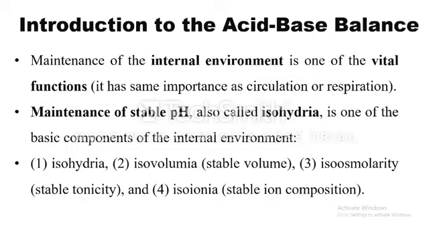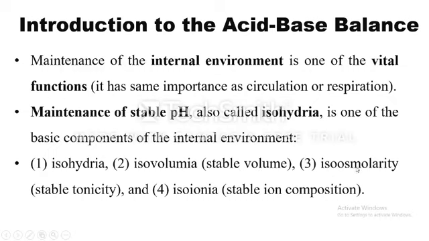The important one is isohydria, that is the maintenance of stable pH. Then there is isovolemia. As the name indicates, it is related to volume, so there should be a stable volume, meaning our body fluid volume shouldn't increase or decrease, it should stay the same.